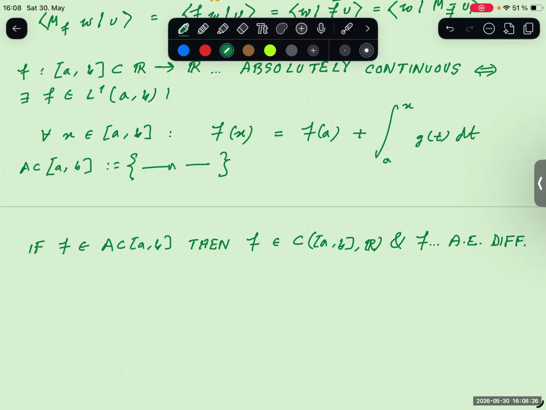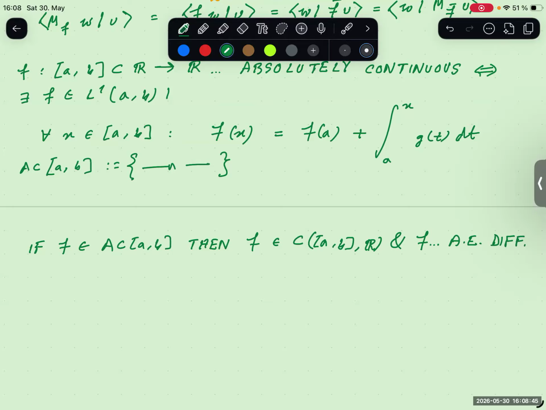Loosely speaking, it's differentiable except at some points. Let's not go there. This is again this real analysis thing, which is important, but okay.